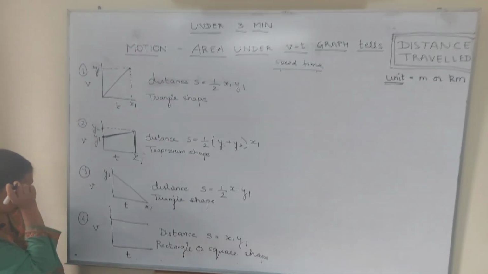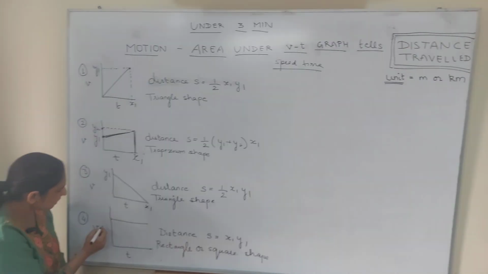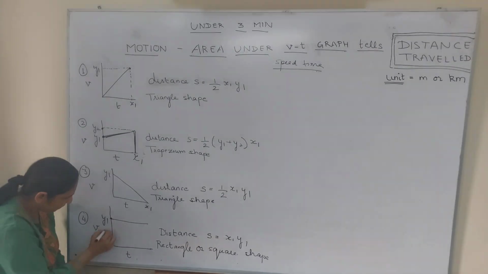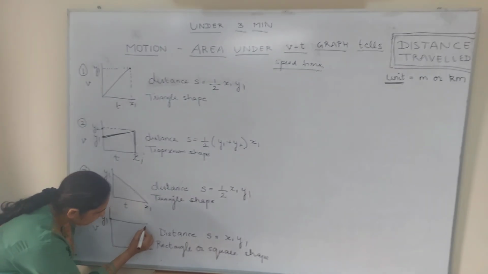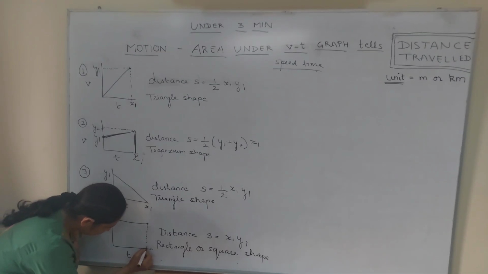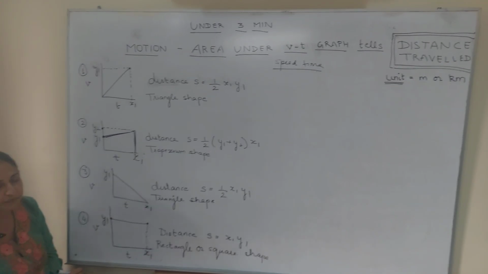Now this is a horizontal line on a VT graph. How do you do it? Simply, the point where it is touching the y-axis, we'll call y1. We'll extend this line down, and where it touches the x-axis, we'll call it x1.